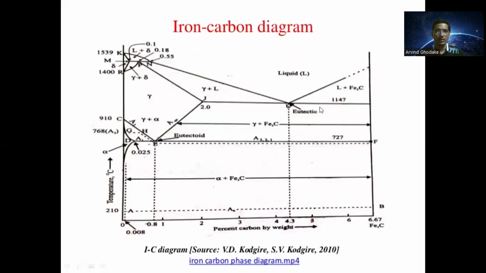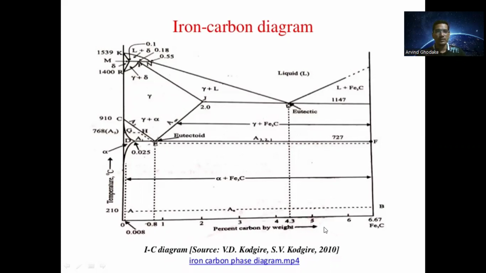Second is the iron carbon equilibrium diagram, which is applicable for the steel and cast iron. Here different types of phases exist. This diagram represents the percentage of carbon present in the steel and cast iron.